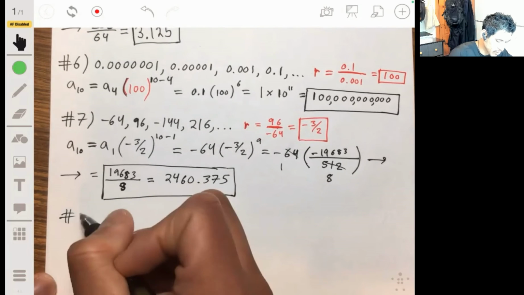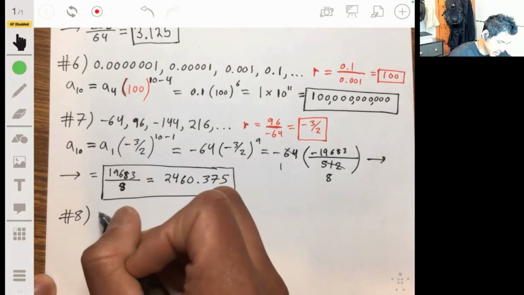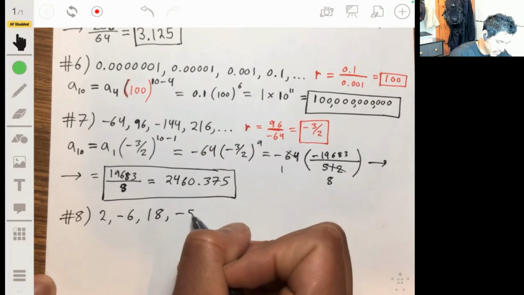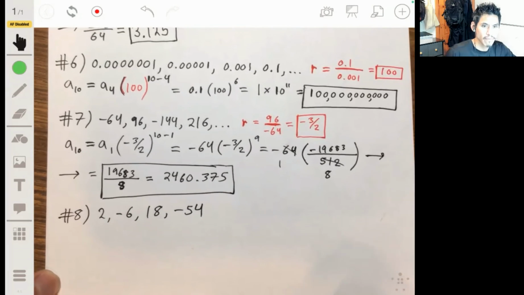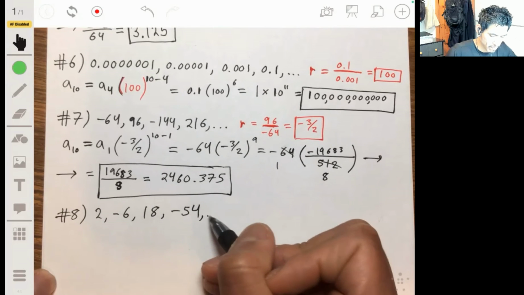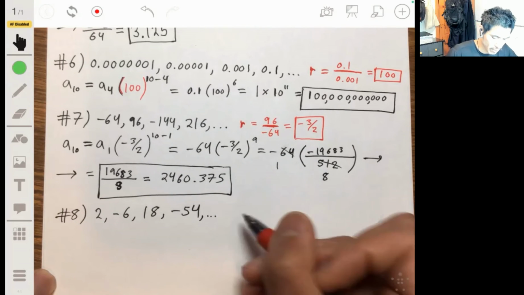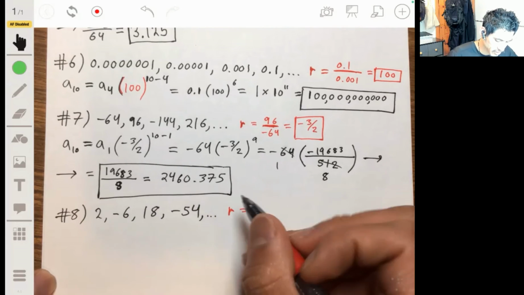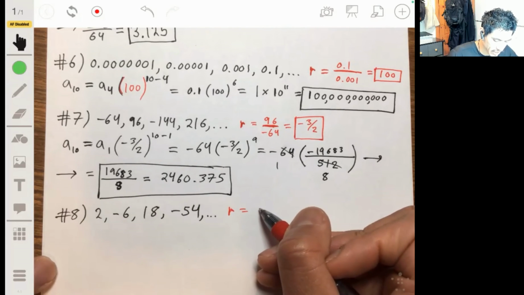And let's just do one more for now. 2, -6, 18, -54. Common ratio will be -6/2, so we're just going to get -3.